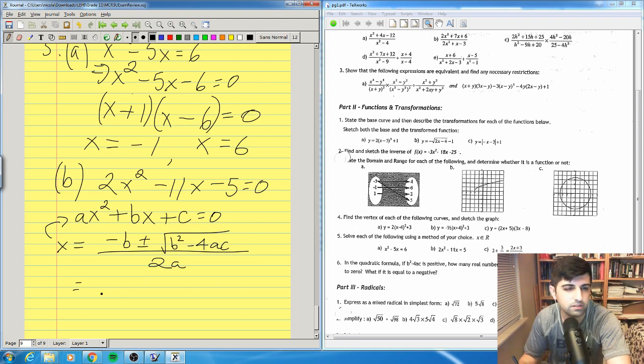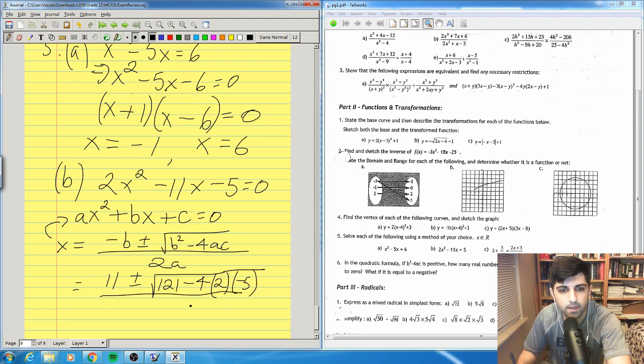If you plug this in and solve, you should get your answer. I don't know if I should do it, really. Negative b is going to be the negative of negative 11. That's 11, plus or minus the square root of, what is the square of negative 11? That is 121, minus 4 times 2 times negative 5. Don't forget these negatives, man. They're really important. All divided by 2 times 2, that's 4.